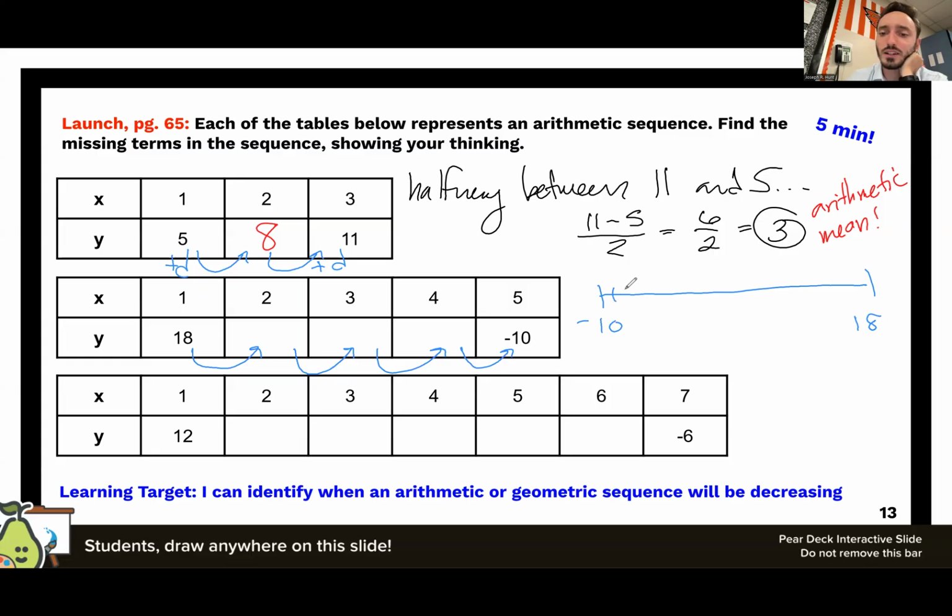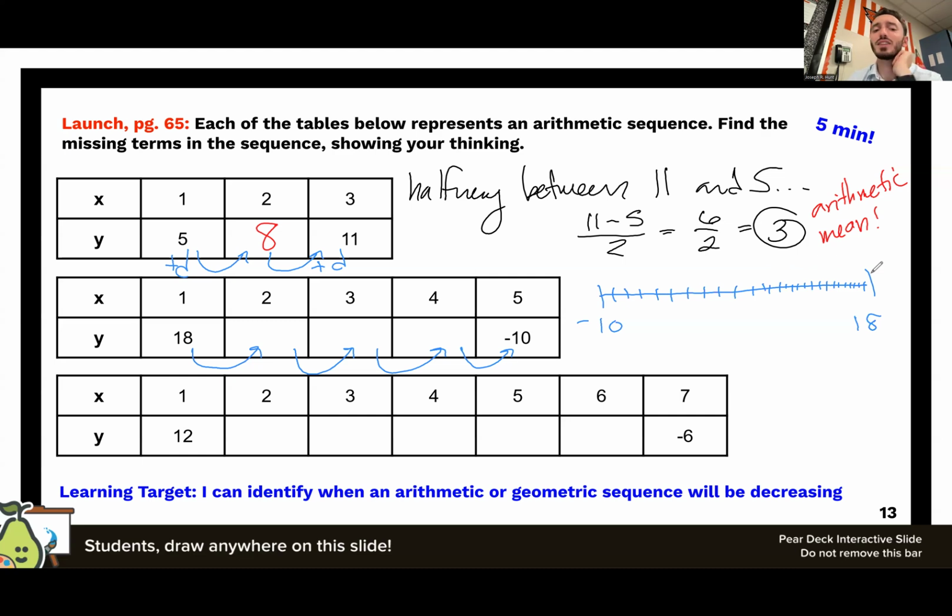I'm going to have negative 9, negative 8, negative 7, negative 6, negative 5, negative 4, negative 3, negative 2, negative 1, 0. And I'm going to have everything from 1, 2, 3, 4, 5, 6, 7, 8, 9, 10, 11, 12, 13, 14, 15, 16, 17, all the way to 18. So it's harder to picture here.